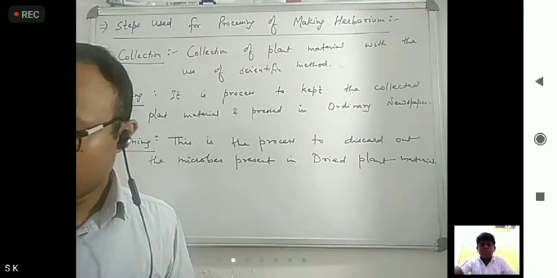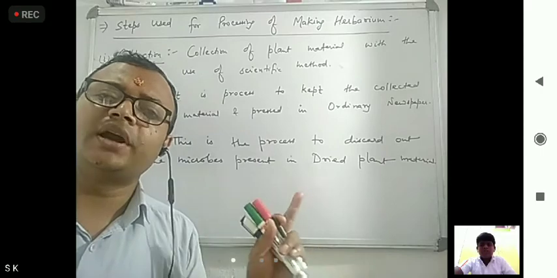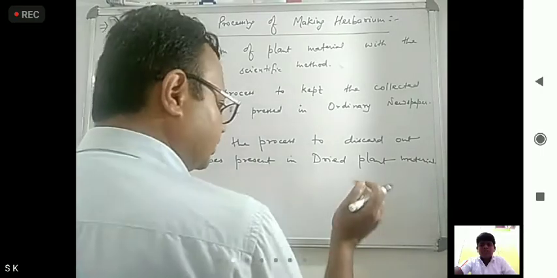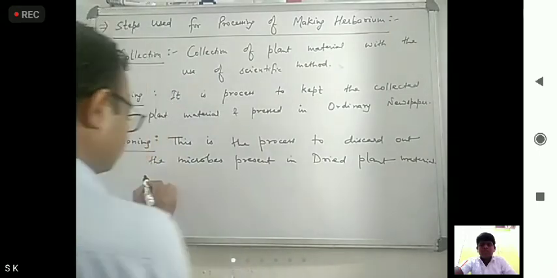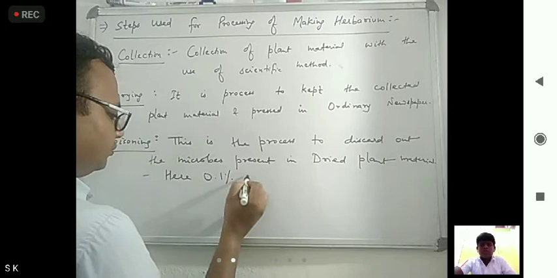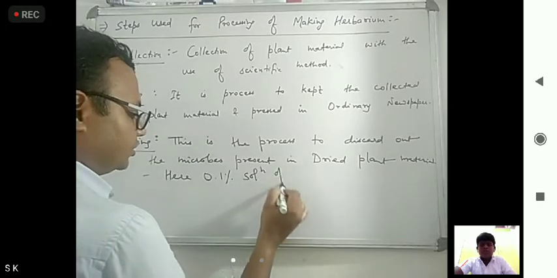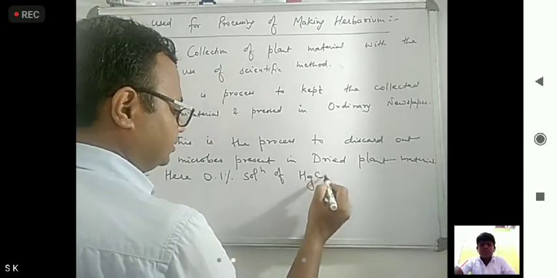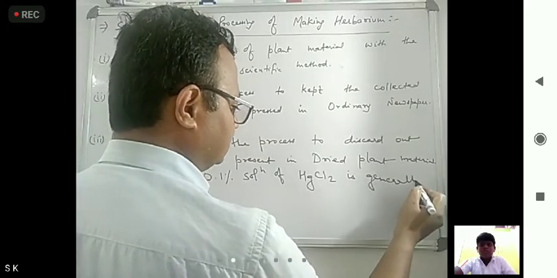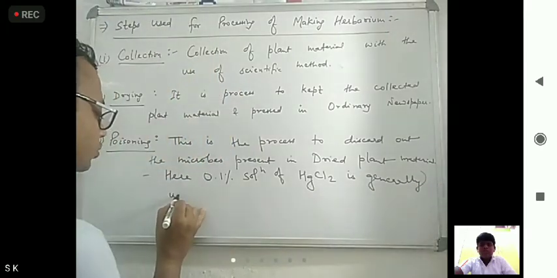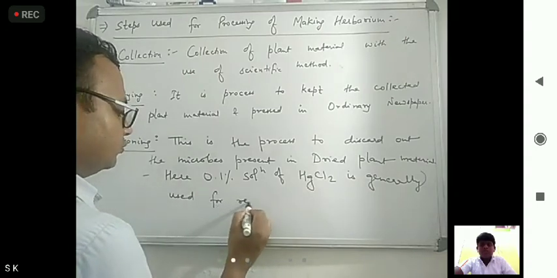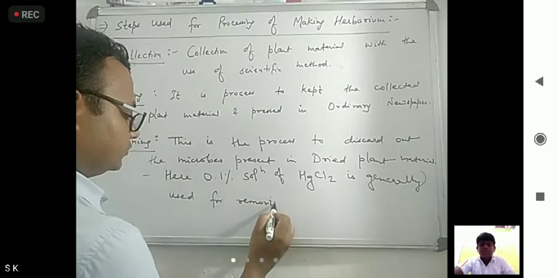Here, what are they using? 0.1% solution of HgCl2 is generally used for removing microbes.